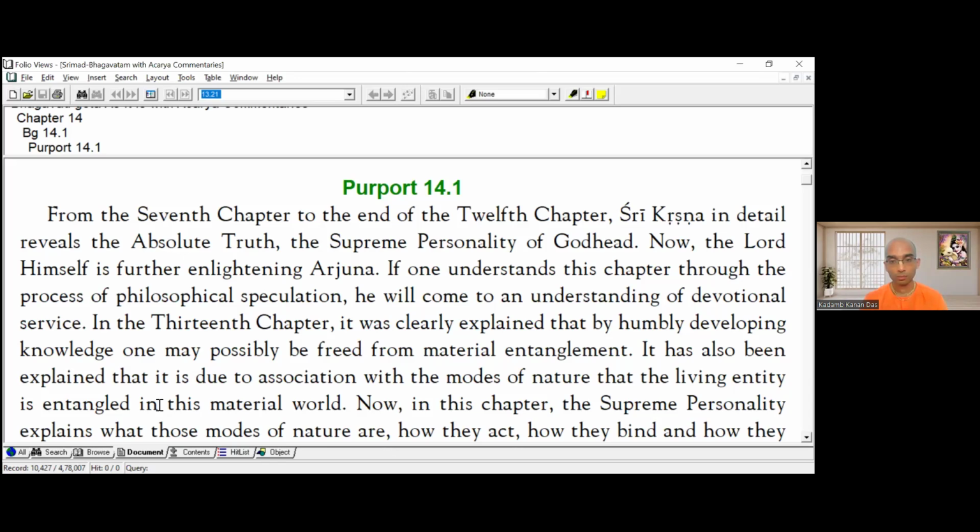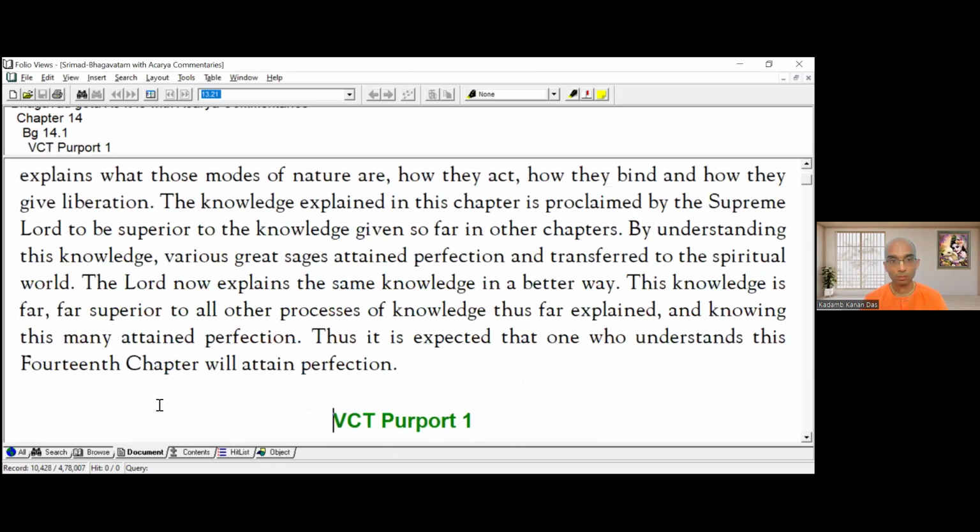Now, in this chapter, the Supreme Personality explains what those modes of nature are, how they act, how they bind, and how they give liberation. The knowledge explained in this chapter is proclaimed by the Supreme Lord to be superior to the knowledge given so far in other chapters.